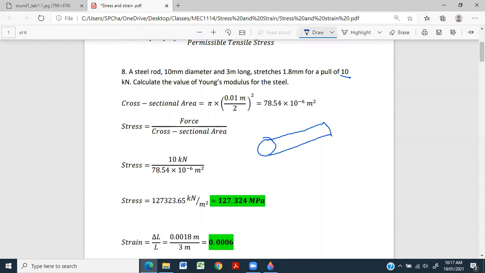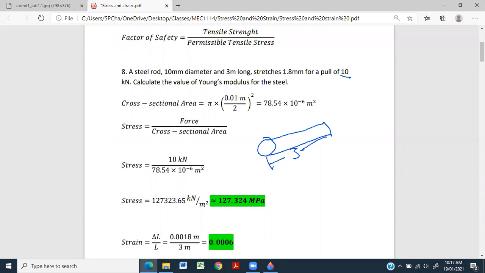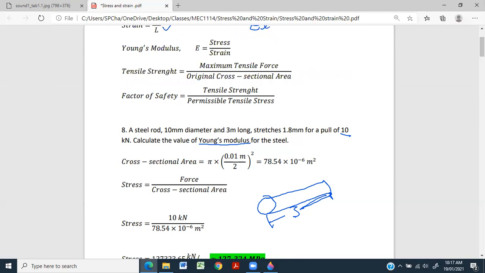No, 3 meters, sorry. So 3 meters long, right? Now we know stress, so we're trying to find Young's modulus, right? Young's modulus is stress over strain.